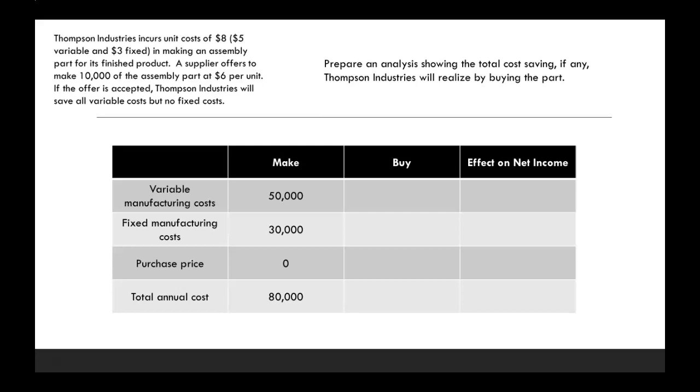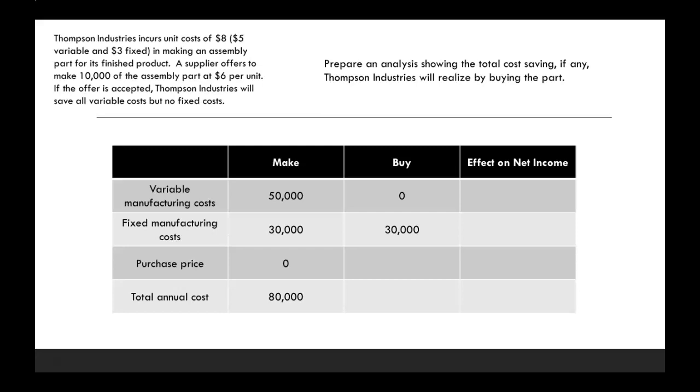Now, what if we were to buy it? Well, they told us that if we bought the product, we would save all of our variable costs. So, we don't have any variable manufacturing costs if we were to buy it. However, we still have our fixed costs, right? We don't save any of those.